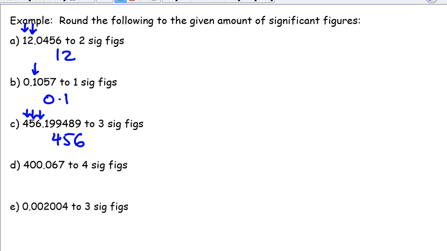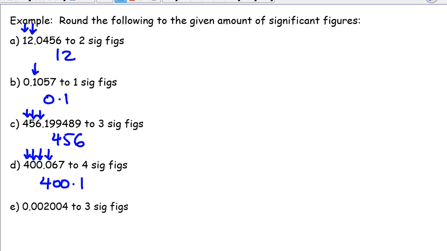Question D, four significant figures. Now this will be my first significant figure, second, third, and fourth. If you look at the next number, which is 6, that means it's more than 5. We're going to add 1 here, so that will be 400.1. Next question, three significant figures. Now remember what I said in the very beginning, that the leading zeros here are not significant.